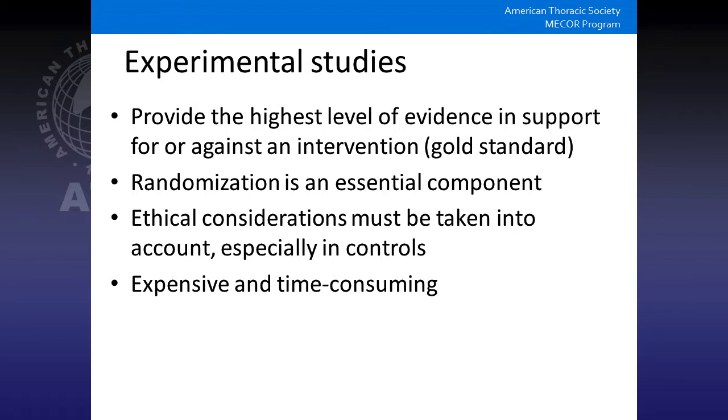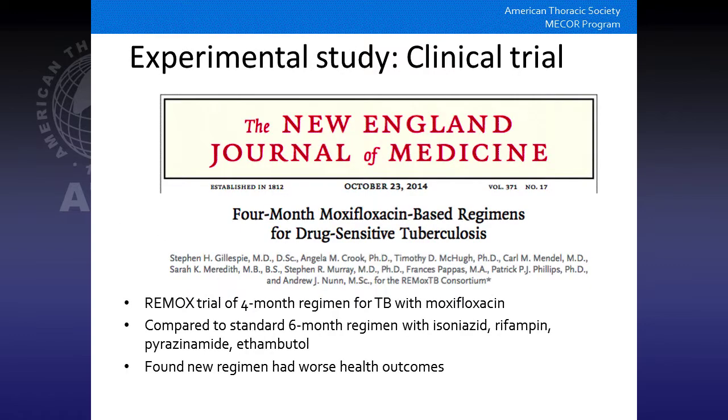They tend to be expensive and time-consuming, but depending on the problem and the issue, they are usually worth the expense. Here's an example of a clinical trial which looked at a standard 6-month treatment for tuberculosis as the control group compared to a new 4-month regimen for TB with moxifloxacin.